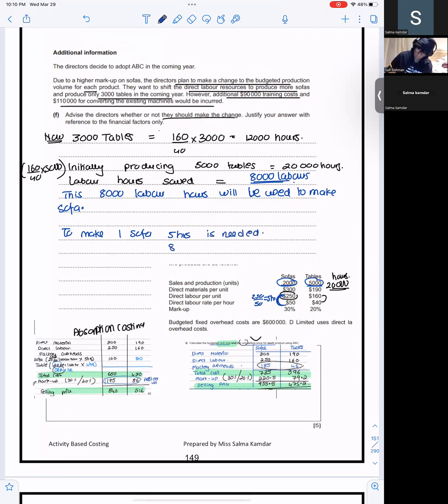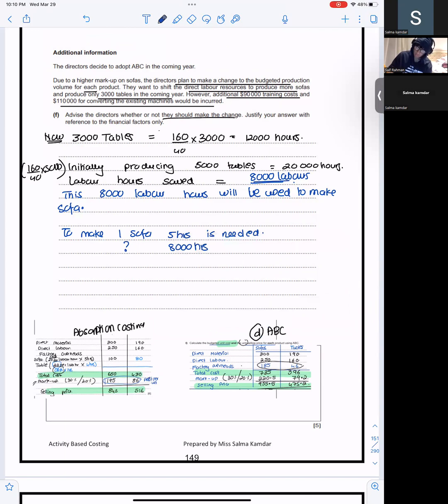So in 8,000 hours, how many sofas will you make? 8,000 divided by 5. Cross multiply.